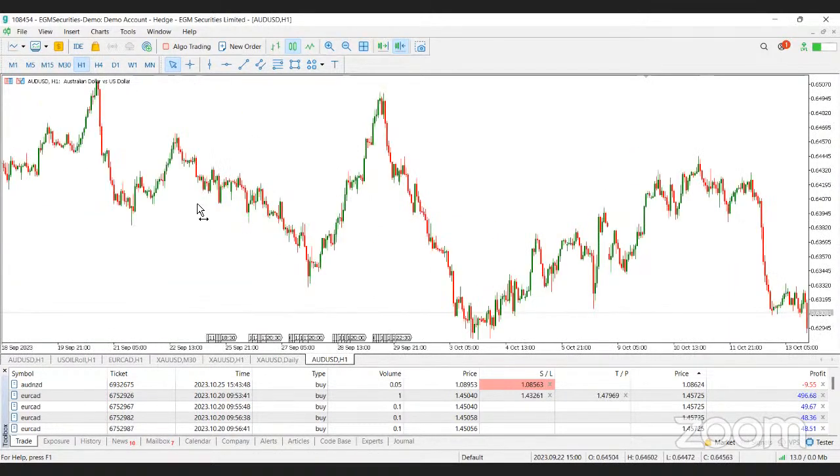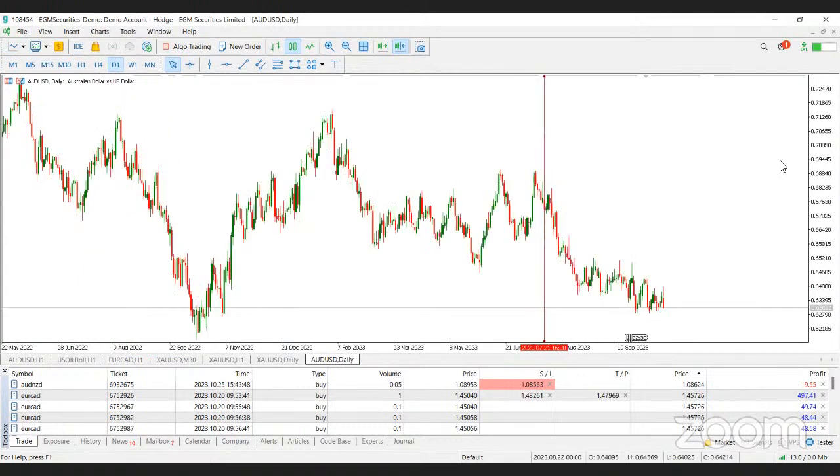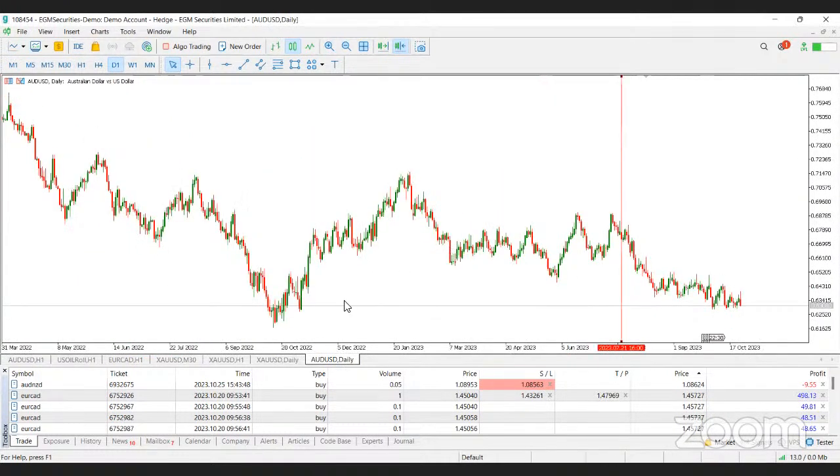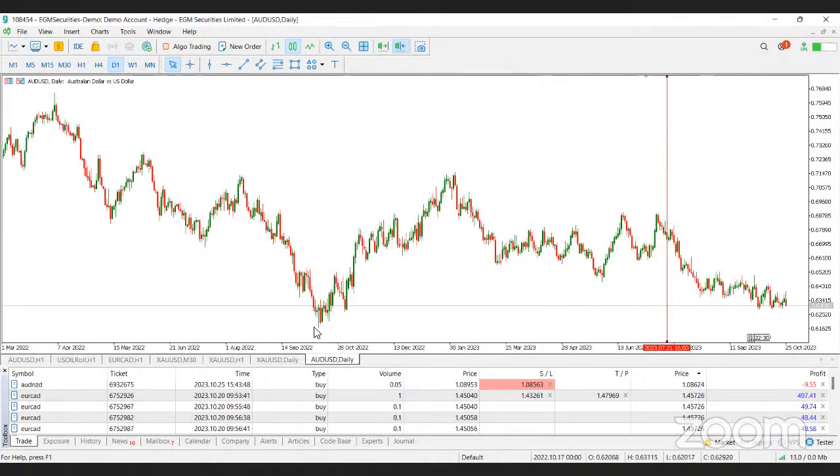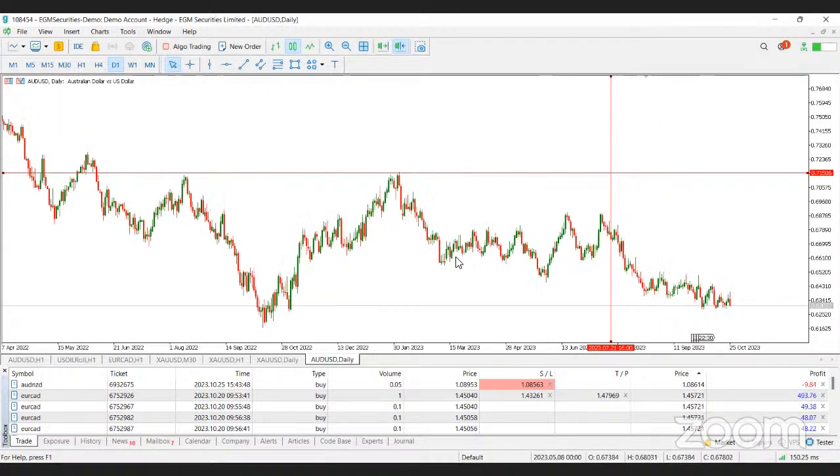When I go to the one day time frame, you're able to see we had an uptrend at this point. The market was trending on an uptrend. It was creating higher highs, higher lows, higher highs, higher lows, and then lower lows, lower highs, lower lows, lower highs. So at some point we had a sideways movement on this part.